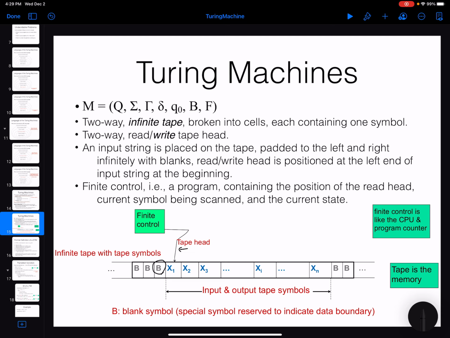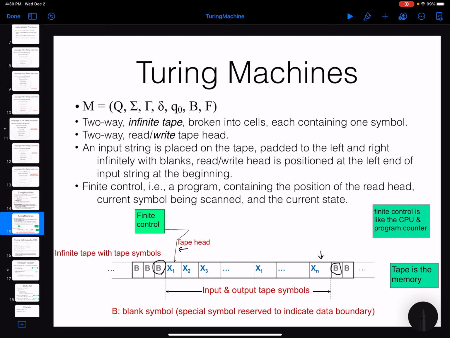Basically it tells you that it is empty memory. It is memory that you can read or write on, but it tells you that this is not a part of the input. And after the last symbol of the input, the rest of the tape is also marked using the blank. This way you can understand where the input ends at the beginning.